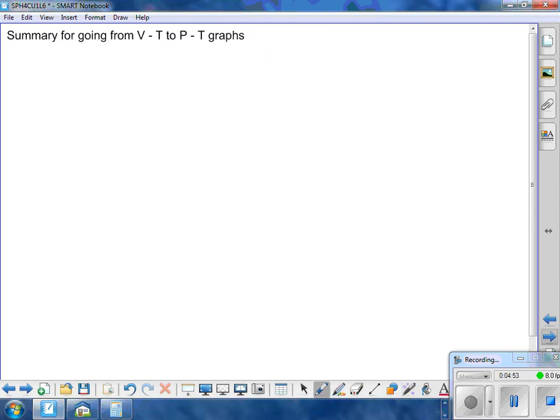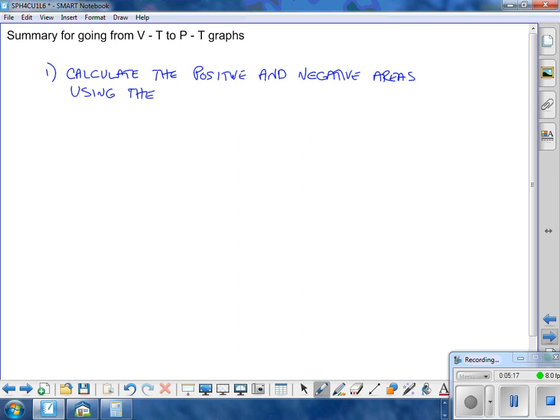So the summary: 1, calculate positive and negative areas using the VT graph.